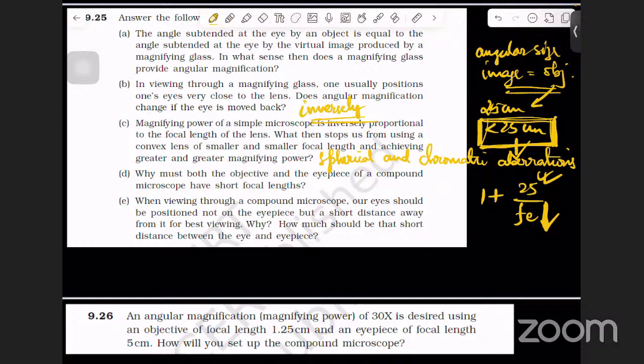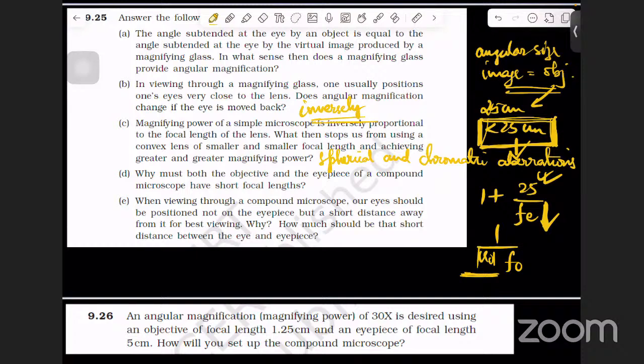Okay, right. Now the angular magnification of the objective lens is 1 by u naught into f naught. So from here also, while using a microscope, the object is kept closer to the objective lens, right? You have seen the objective lens literally touches the stage where the object is kept.